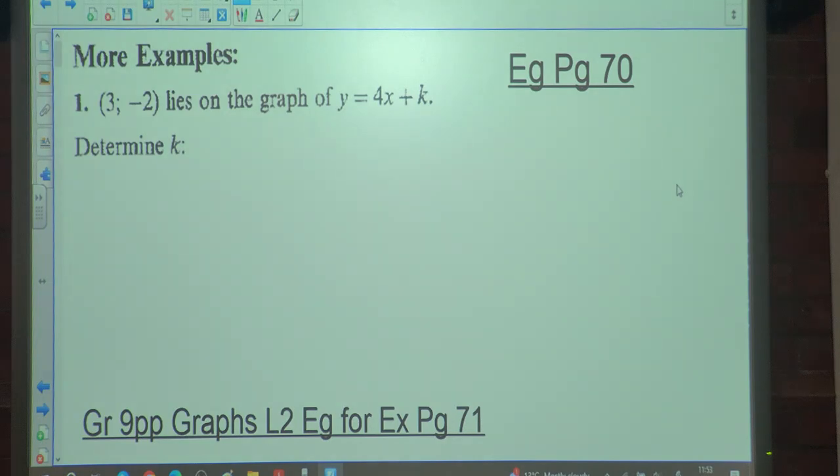We are given more examples on page 70. Number 1. The point 3 and -2 lies on the graph of y is equal to 4x plus k. Determine k. So write that equation down with me. Then sum down.